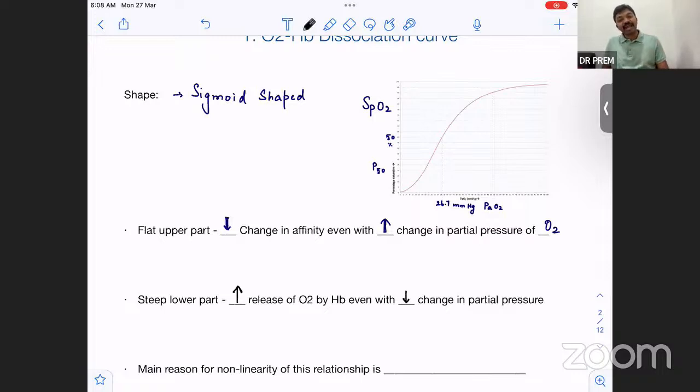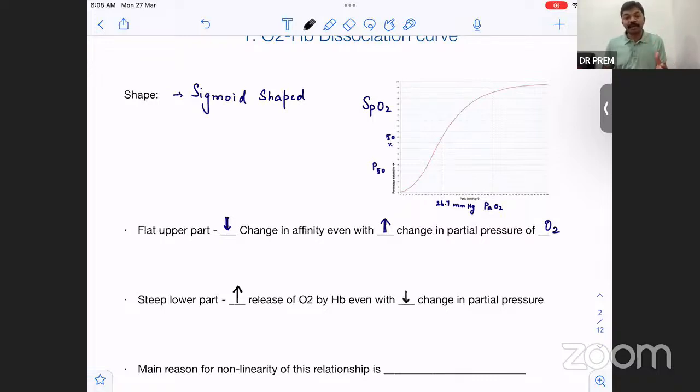At the flat part of the curve, what you are observing is that the affinity of hemoglobin for oxygen is more or less static, right? So even though there is a remarkable change in partial pressure of oxygen, the affinity is not changing much. When it comes to the steep lower half, the hemoglobin affinity changes very quickly.